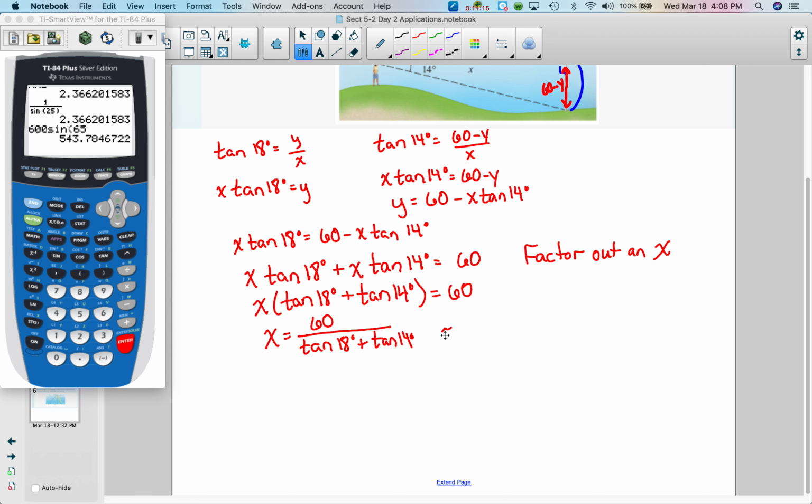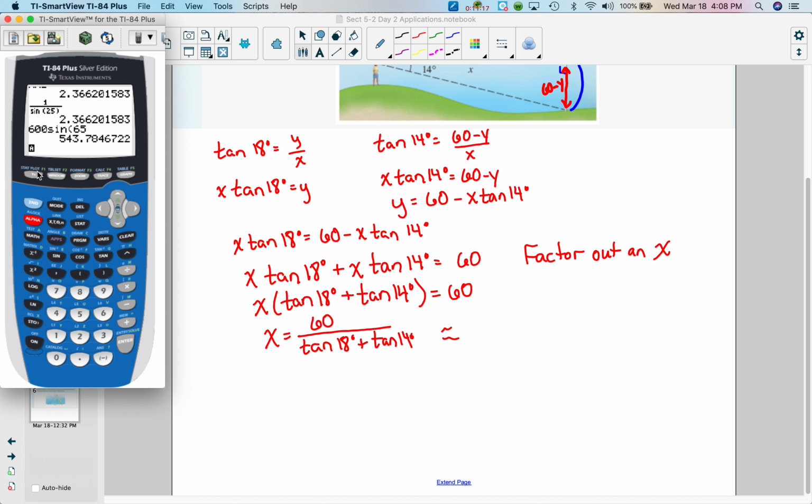Now you can come to your calculator, so be really careful when you do that. Let's see, why isn't that working? Whoops, that didn't do it. There we go. So we're going to have a 60, and in the denominator we're going to have tangent 18.